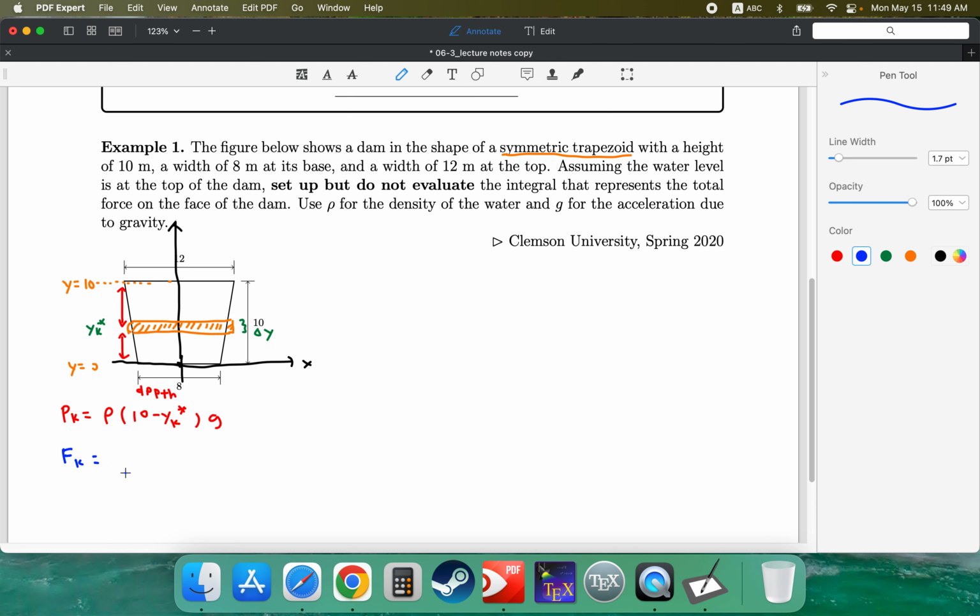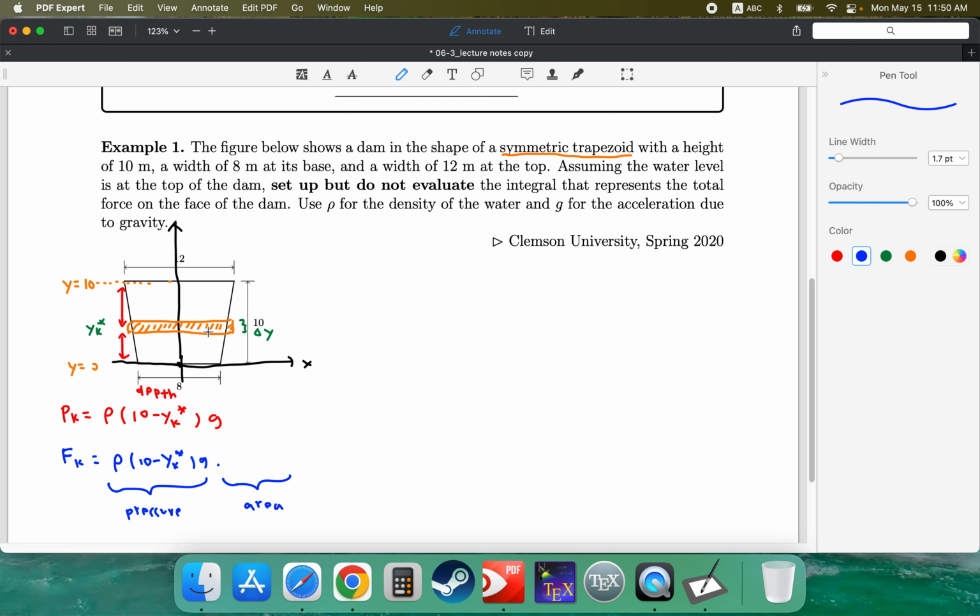Force is pressure. Pressure is rho times 10 minus yk star times g. This is the pressure. And then multiply by the area of this strip.